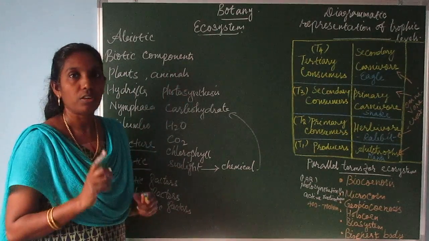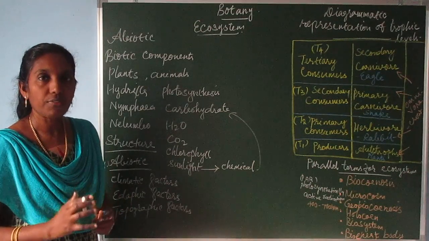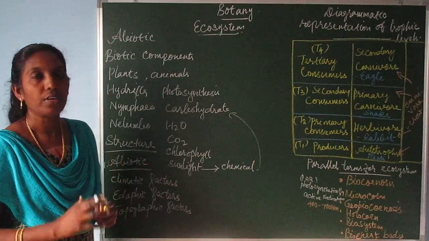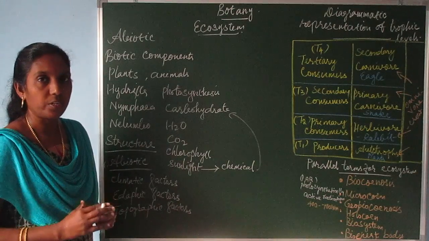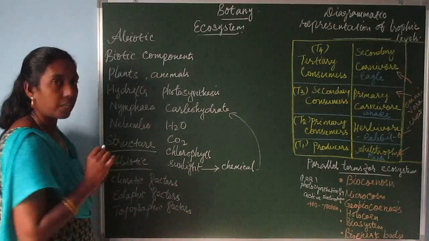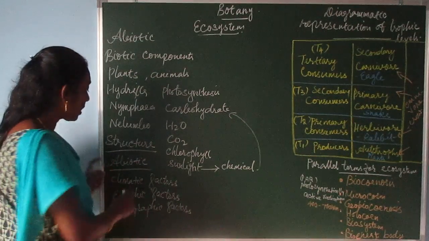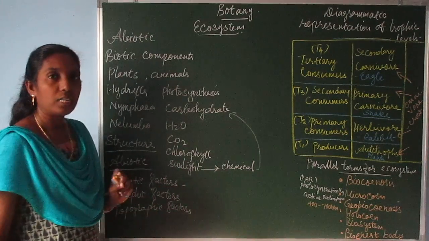Ecosystem. So first you are going to learn the structure of ecosystem. Structure of ecosystem comprises two important components. They are abiotic component and biotic component. Abiotic components include climatic factors. What are the climatic factors?